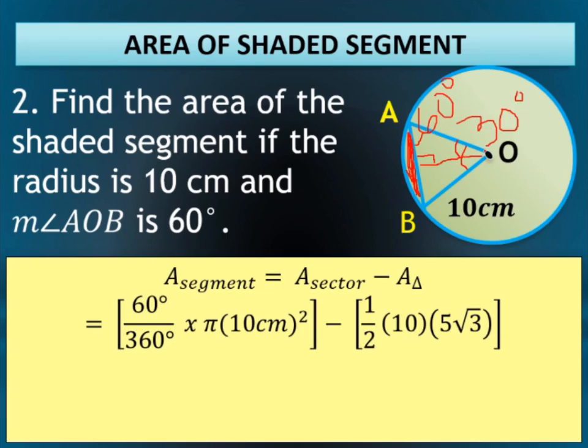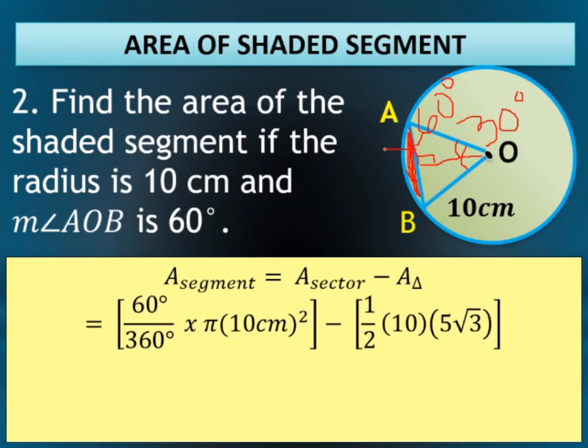In that case, the measure of the hypotenuse will be equal to 10 centimeters because the line segment OA is equal to the line segment OB. And the shorter leg, which is opposite the 30-degree angle, will be equal to half of the hypotenuse.